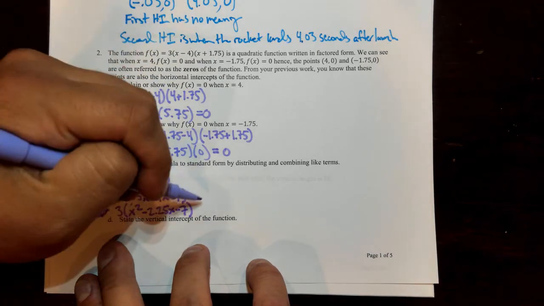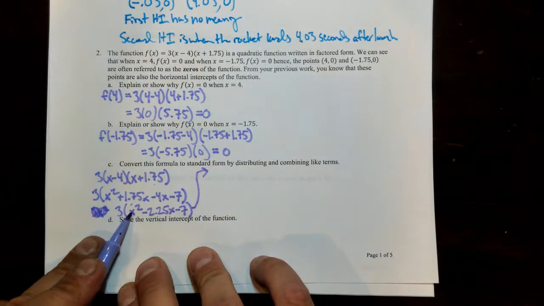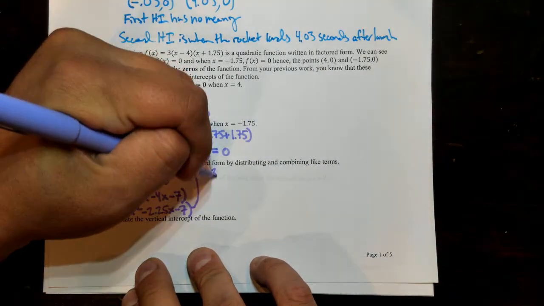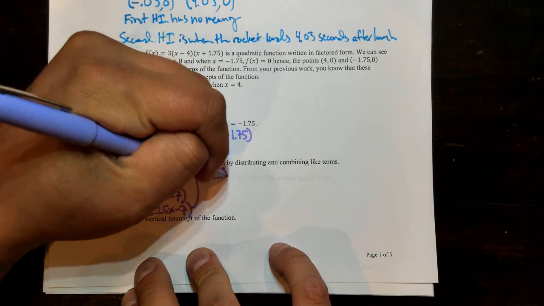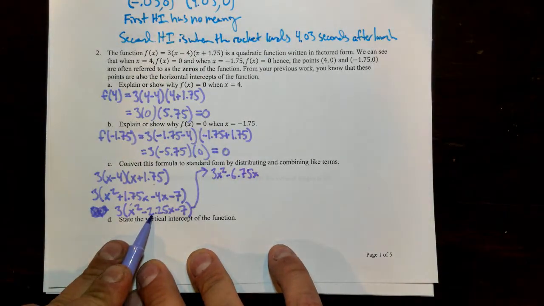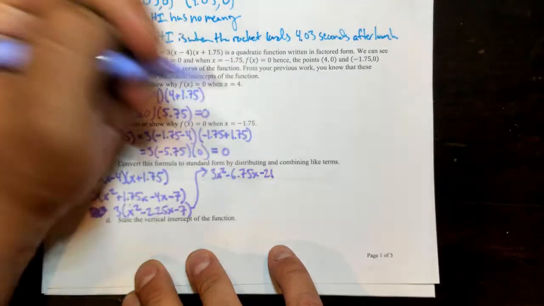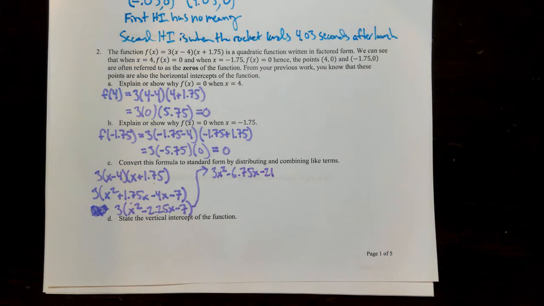And now we can distribute this 3. So I'm going to multiply the 3 to all of these terms. So we're going to have 3x squared minus 6.75x. That's 3 times negative 2.25x. And then 3 times negative 7 is minus 21. So now we have it in standard form.